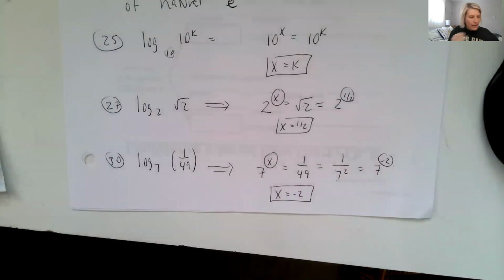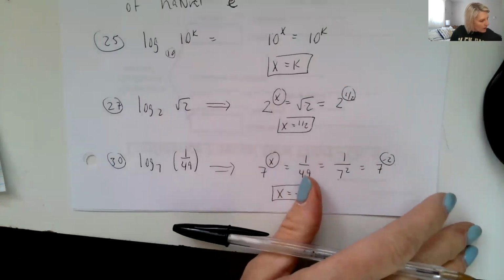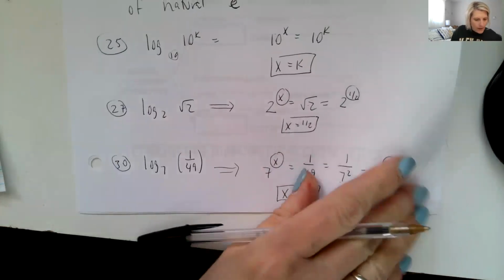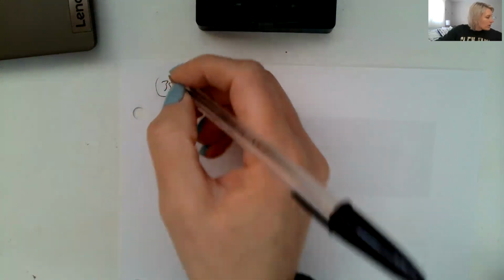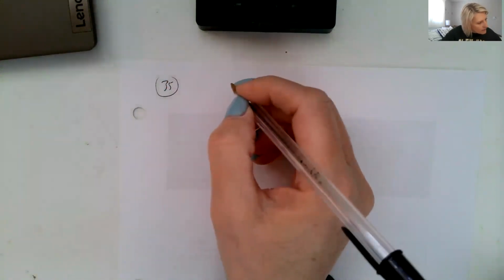So now I'd like to look at the grouping of 35 and 38. This grouping says evaluate the expression to 4 decimal places using your calculator.